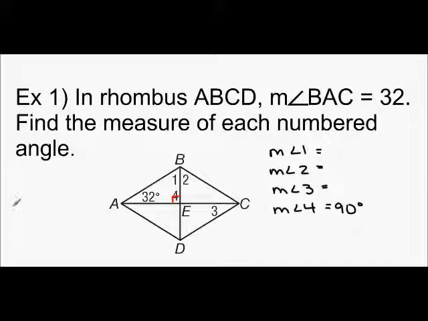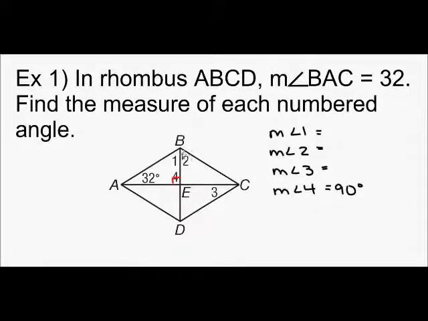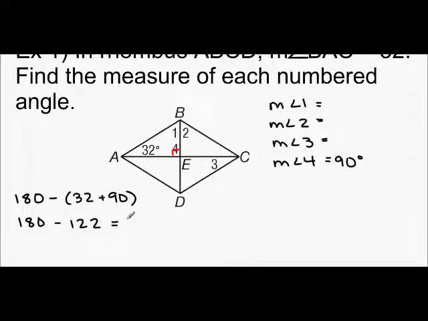From here, let's find angle 1, because this is a triangle. So I know there's 180 degrees in a triangle, minus 32 degrees for here, and angle 4 we said was 90. So this is 180 minus 122, which is 58 degrees. So angle 1 is 58 degrees.